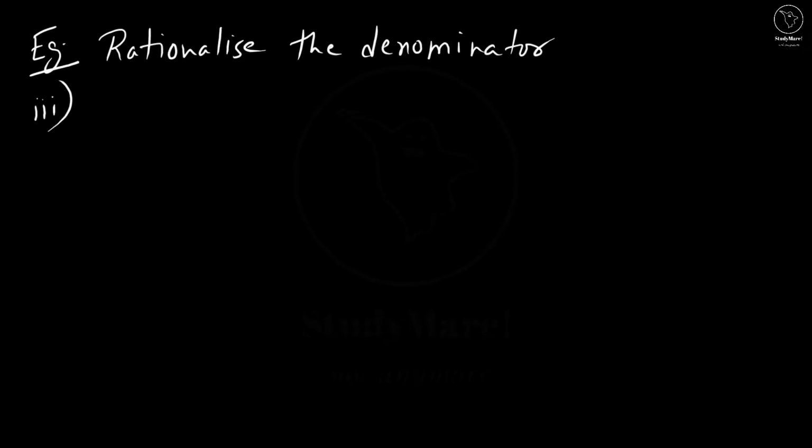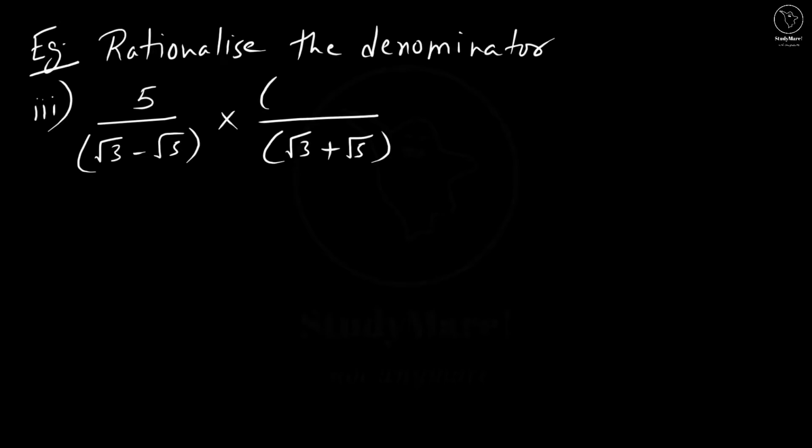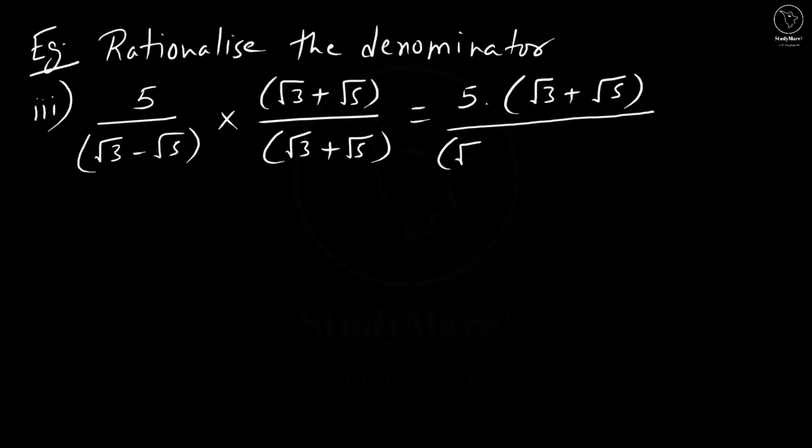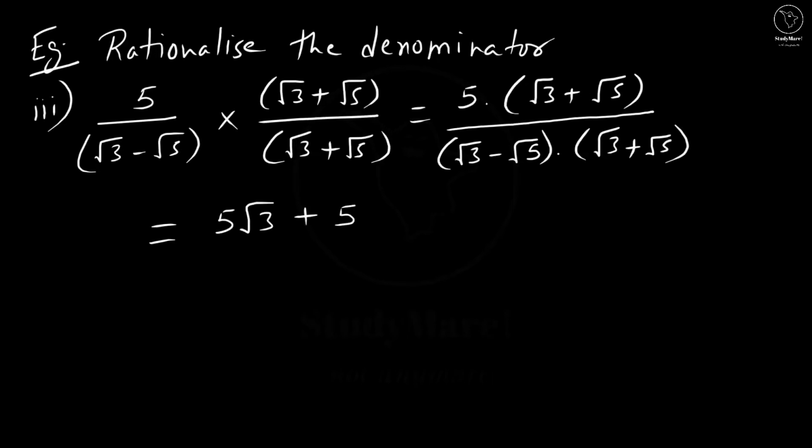Let's move on to our third example, which is 5 by root 3 minus root 5. Looking at the denominator, we can say that the rationalization factor in this case is root 3 plus root 5, which we have to multiply in the numerator as well as the denominator. So we have 5 into root 3 plus root 5 divided by root 3 minus root 5 into root 3 plus root 5, which equals 5 root 3 plus 5 root 5 divided by 3 minus 5.